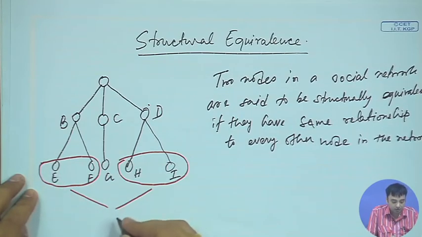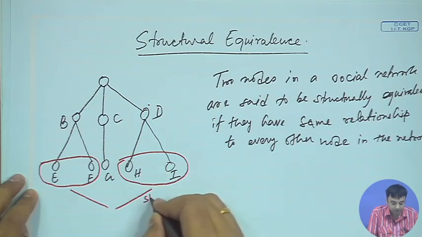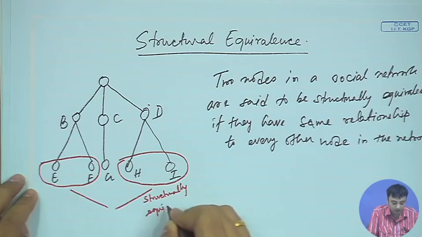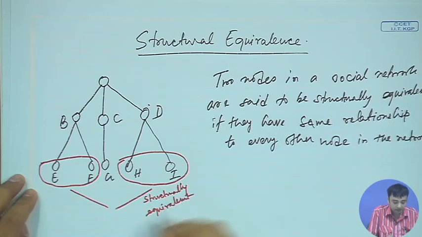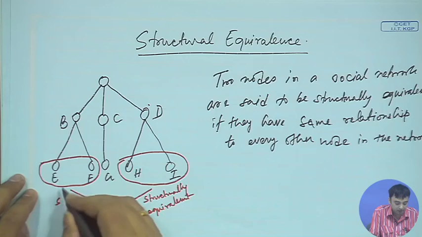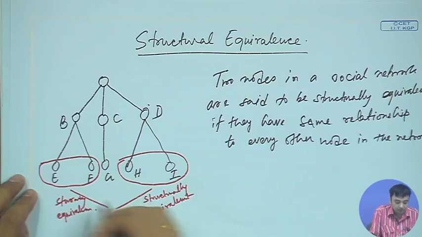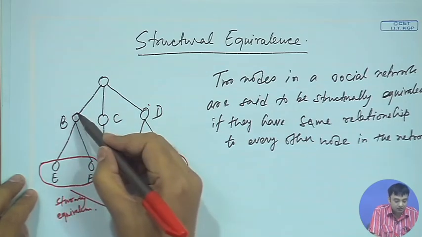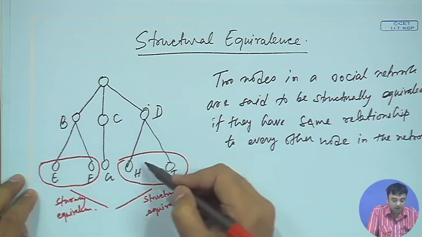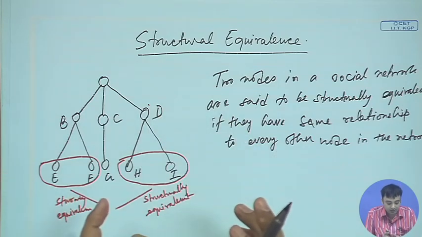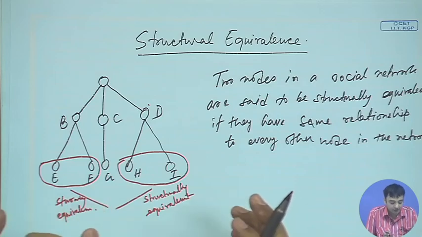These two pairs of nodes are structurally equivalent, because E and F have the same neighborhood, that is only B, and H and I have the same neighborhood, that is only D.